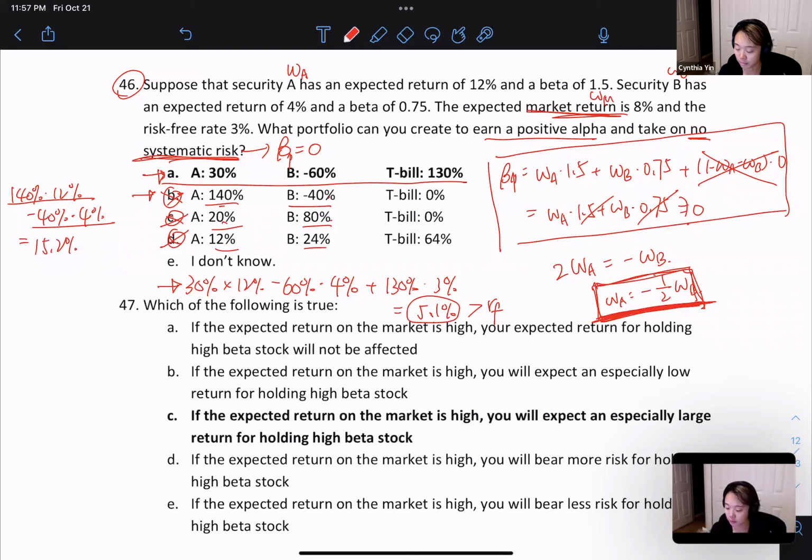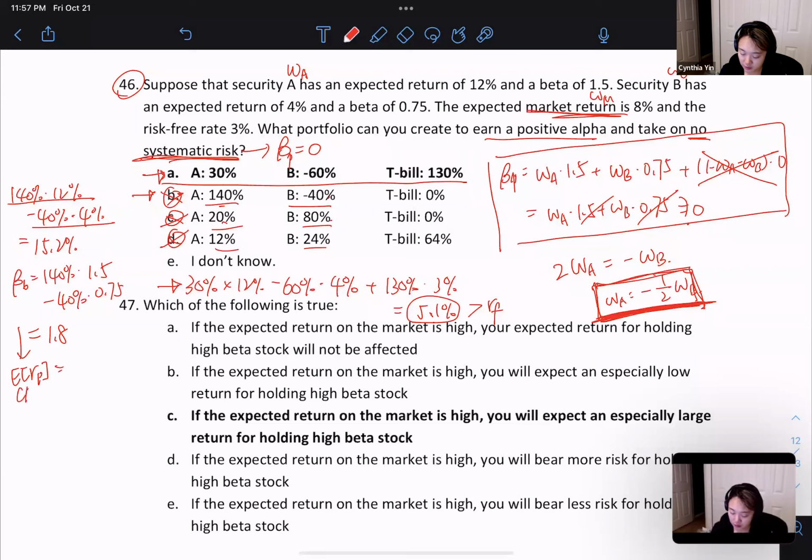And the B beta is 140% times 1.5 minus 40% times 0.75. The beta is 1.8. So according to the CAPM, what's the expected return from CAPM?